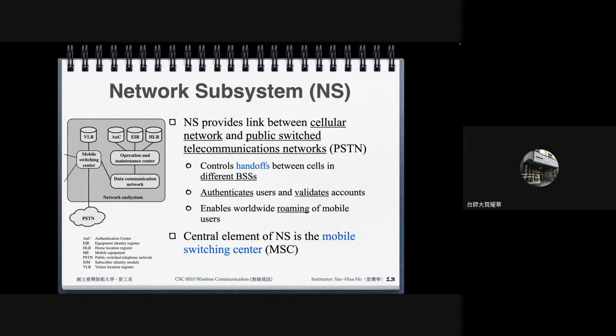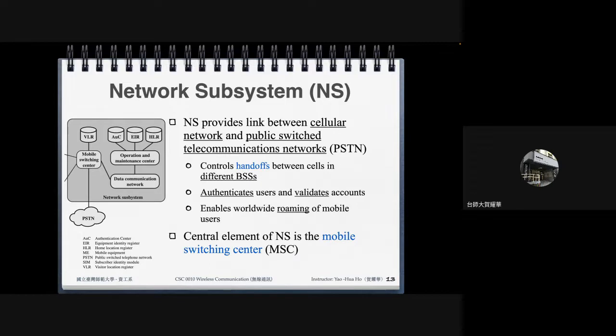It also authenticates a user's account and enhances roaming, for example worldwide roaming. The central element is the mobile switching center, or mobile telephone switching office, MTSO, which controls everything.